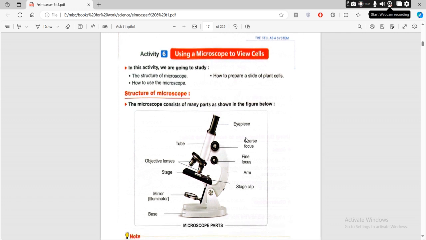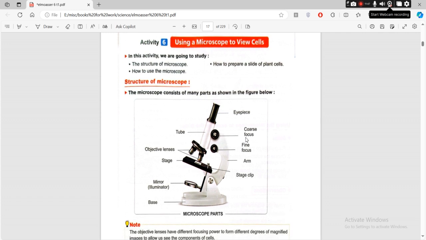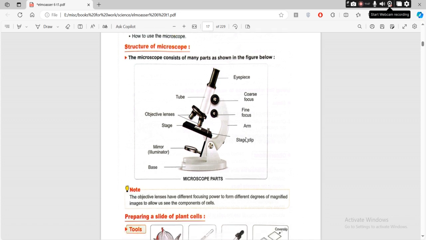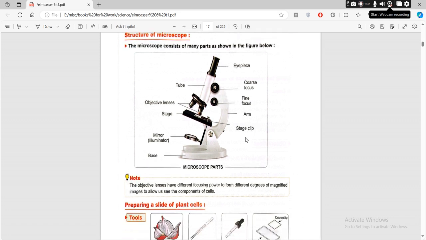Now, let's see the structure and the parts of the microscope. Well, it has first the eyepiece. This is where you look. And now it has the tube, which extends and enlarges the image.